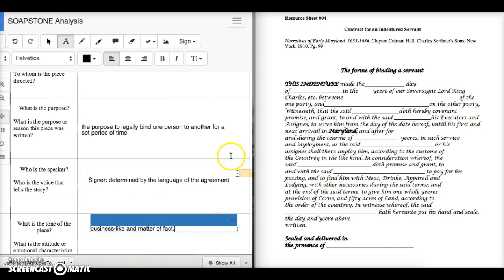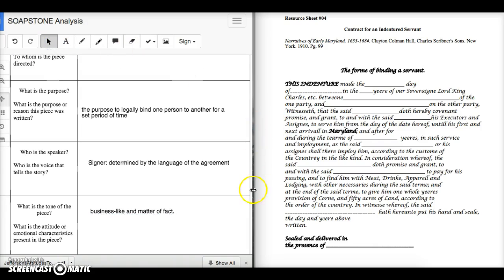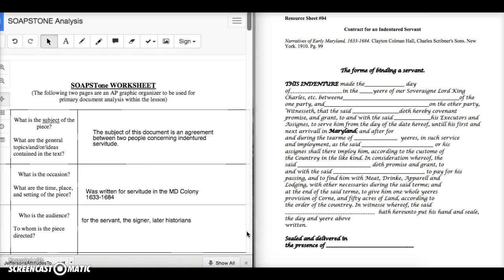So if we go back through, we've read the document, we know what it means, and this is our SOAPSTone analysis. We know that this document was written as an agreement between two people concerning indentured servitude. It was written for specific servitude within the Maryland colony in the 1600s.